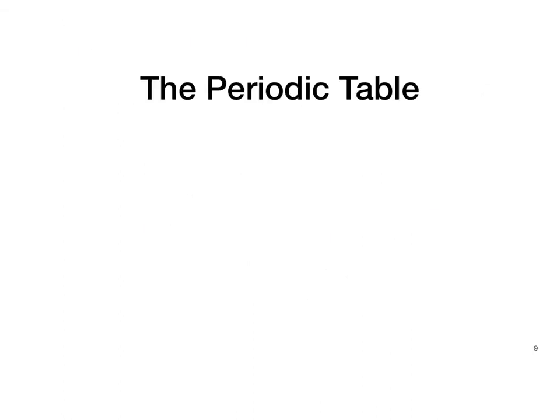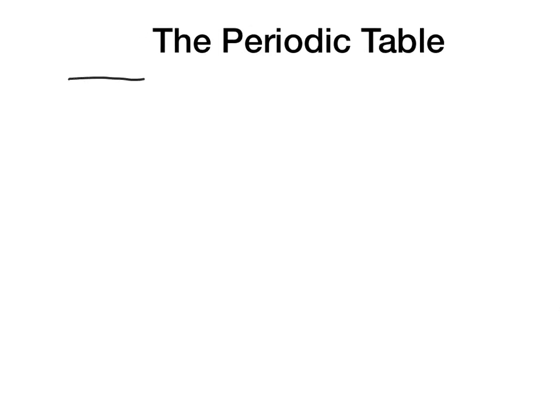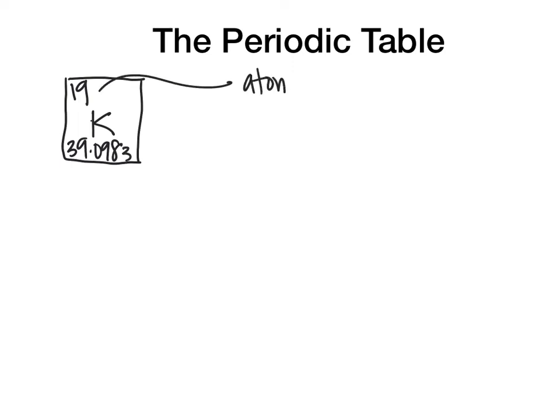So the periodic table tells us a lot about different samples. So we've talked a little bit about how on the periodic table there are elements. That's not a square at all. So each element, if we look at potassium, it has the number 19 and 39.09683. So up here at the top, we have the atomic number.